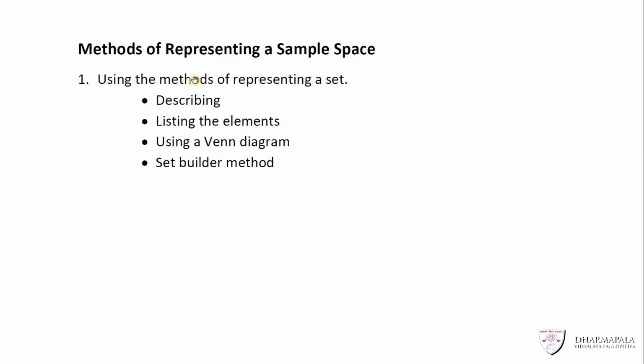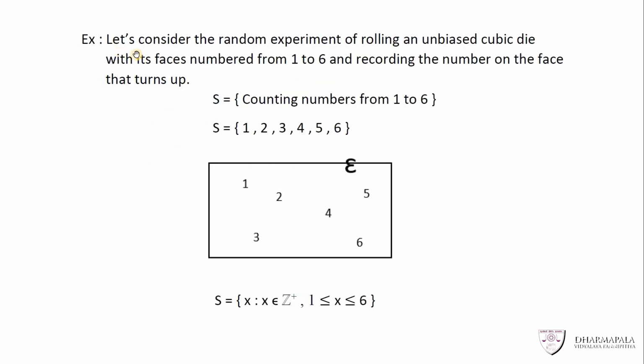These are the methods to represent a set. So we can use these methods to represent the sample space also. First one, describing, then listing the elements, using a Venn diagram, and the last one, the set builder method. We will discuss these using an example.